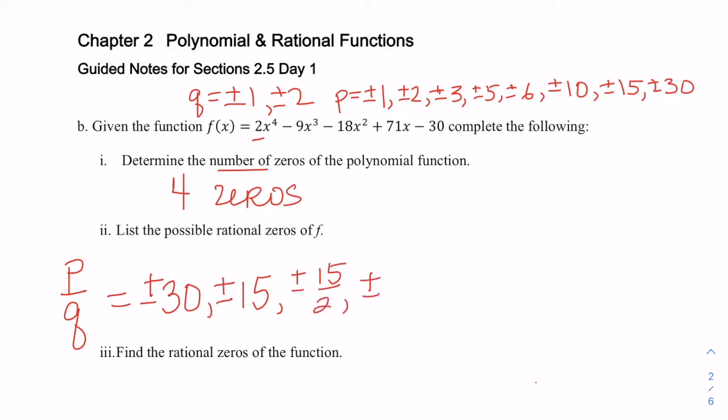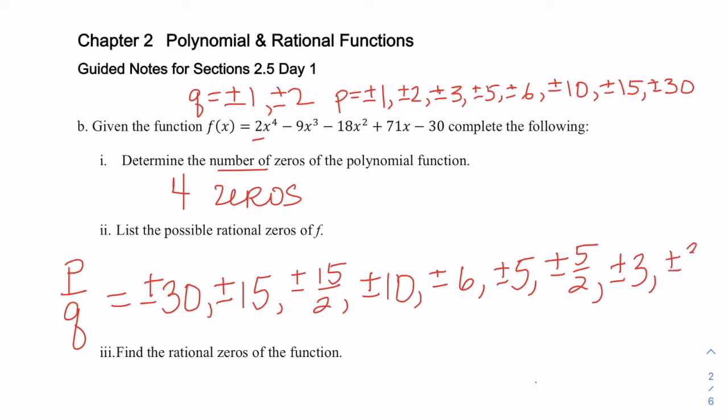So plus or minus 10, 5's on the list, so I'll come back to 5, 6, 3's on the list, 5, anything that's odd, I have to make sure I divide that by 2. Plus or minus 3, plus or minus 3 over 2, and the list continues down here, plus or minus 2, plus or minus 1, and plus or minus 1 over 2. Lots and lots of possible rational roots here.